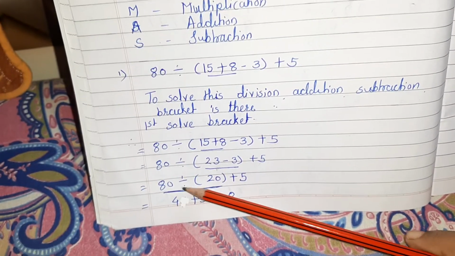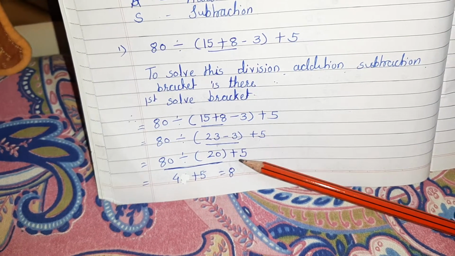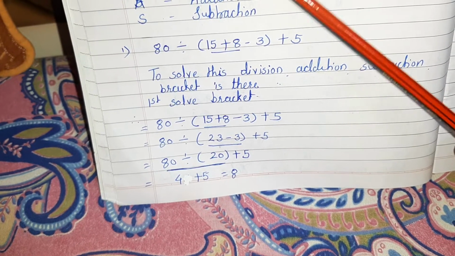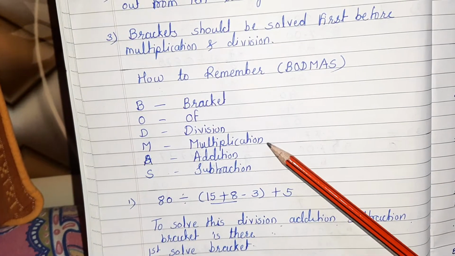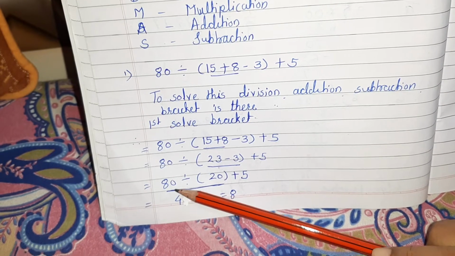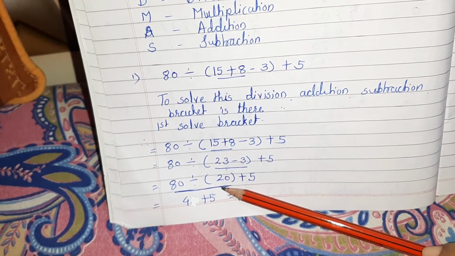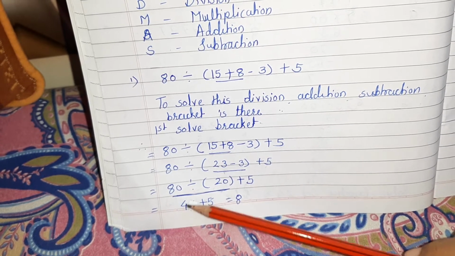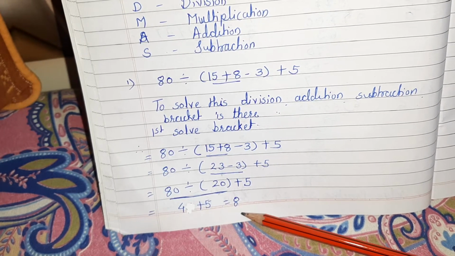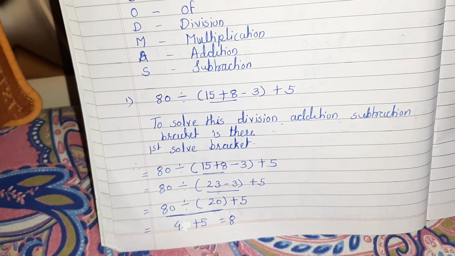First one is a division and second one is an addition. Normally students do the addition first, but actually what is the rule? According to the rule, division and multiplication should be solved first and then you have to solve the addition. So 80 divided by 20 should be done first, and then the addition. So 80 divided by 20, what is the answer? That is 4. 4 plus 5 gives me 9. Understood? Now we'll see the next question.